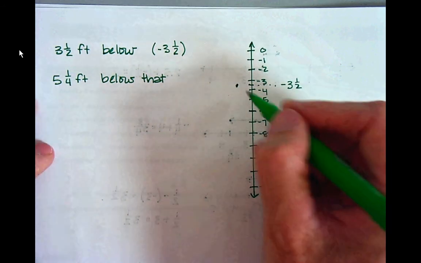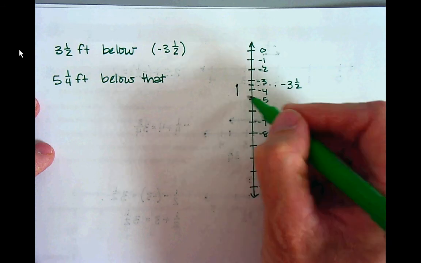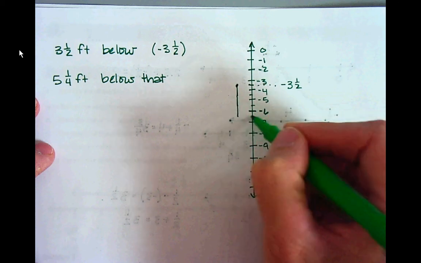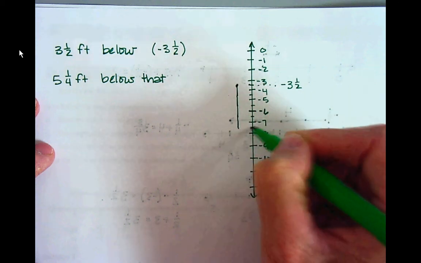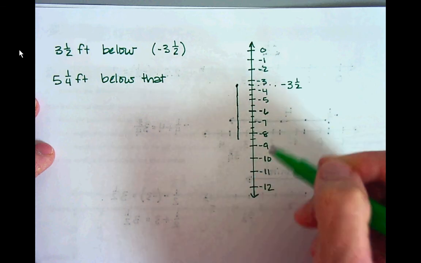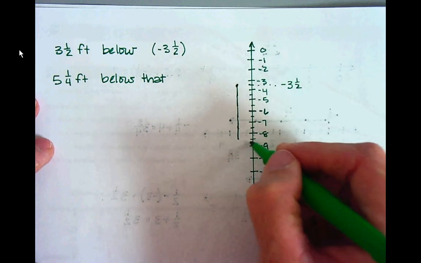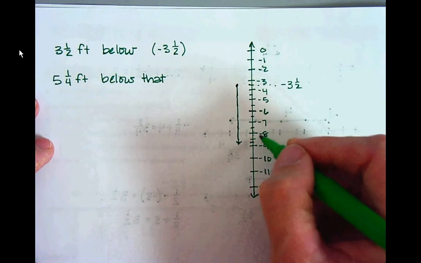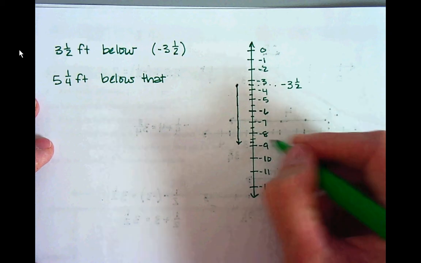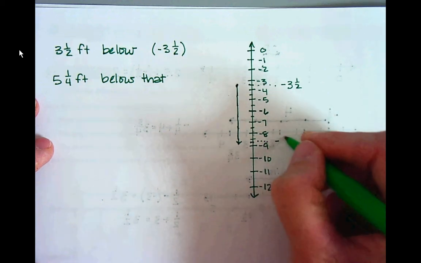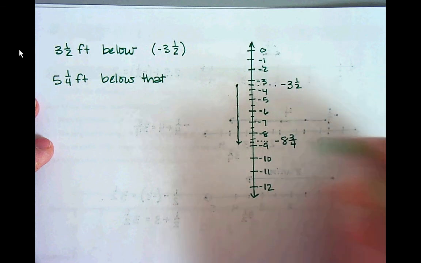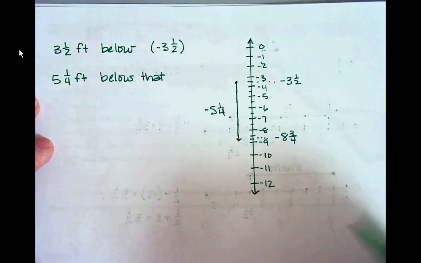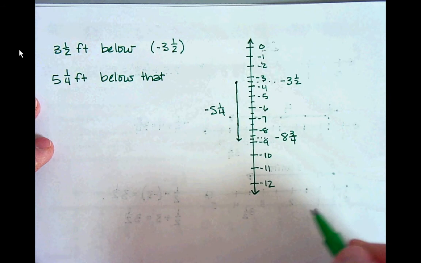So again, counting by halves, this would be 1, if this is a half right here, 2, 3, 4, 5, and then I have to add a 4th to that, which is going to put it right about here. Well, notice that's between minus 8.5 and minus 9, which is minus 8 3/4. Okay, so we've dropped 5 1/4 feet, and now we're at minus 8 3/4.